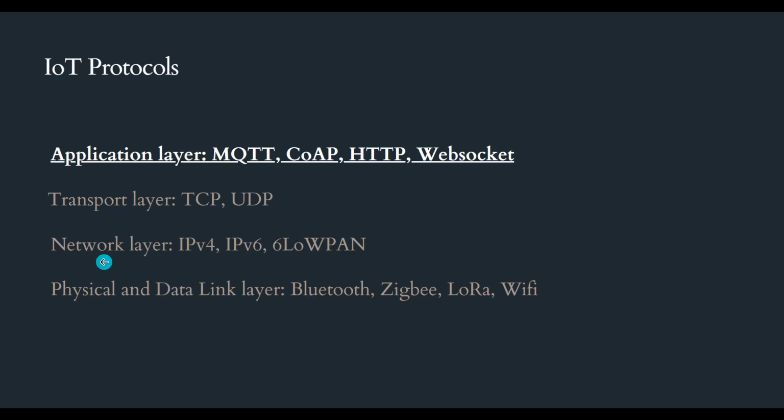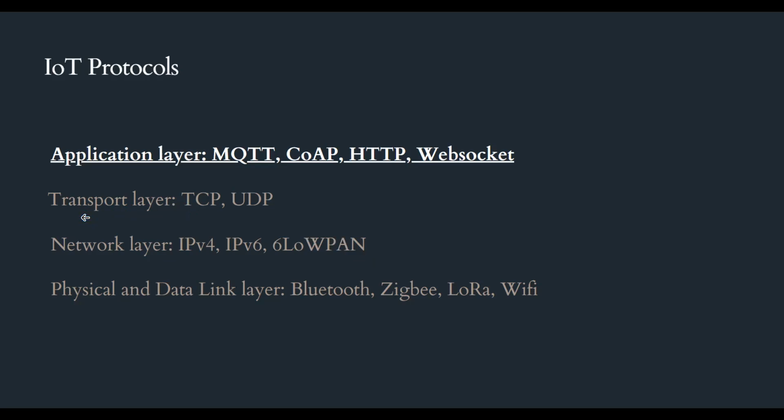Then we talked about the network layer protocols that are used widely, that are IPv4, IPv6 addressing, and Internet Protocols based on that define the packet format and so on. And then we talked about the 6LoWPAN protocol, which is used mostly in constrained environments.